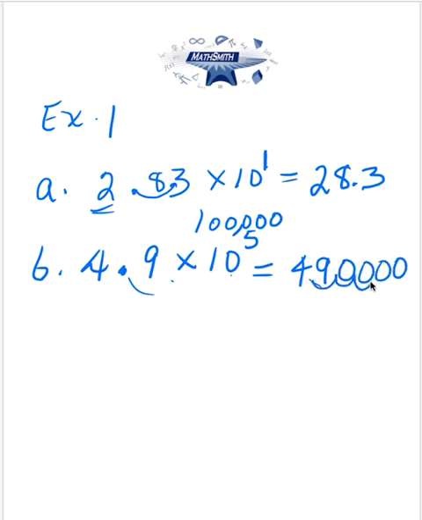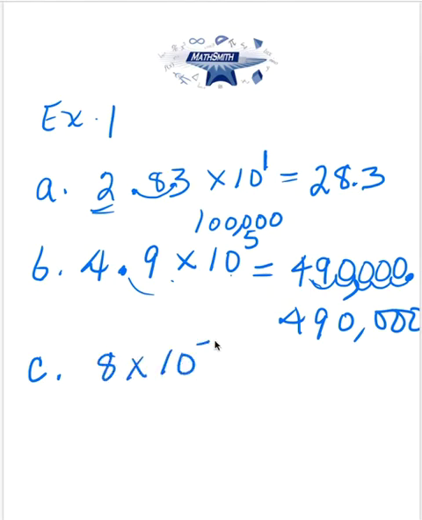Our decimal's here now. So this number is 490,000. Now C, we have 8 times 10 to the negative 1 equals 0.8. Because my decimal place is here, I'm going to move once to the left, so it was here, and it's going to move over here, so it's 0.8.